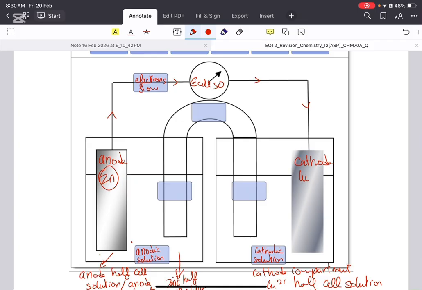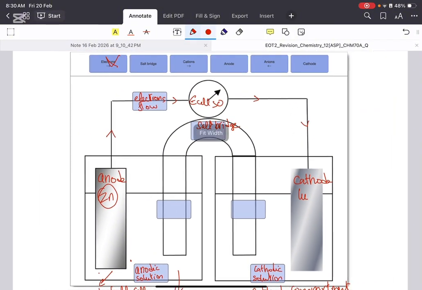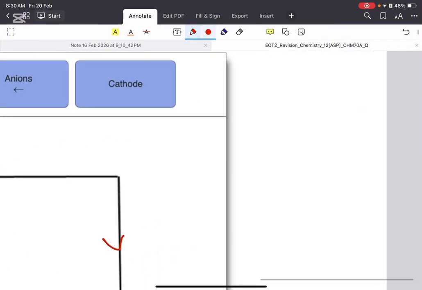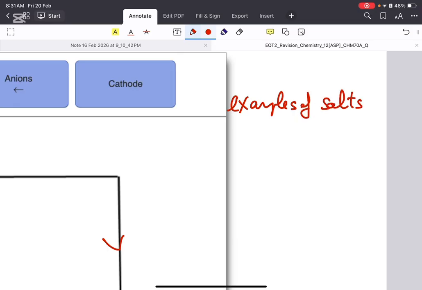Now, what else do I have on this figure? This is the salt bridge. Now, in the salt bridge, I have a flow of ions. Now, how does this flow go? Suppose you have a salt bridge. Let me just give you some examples of salts that come in the salt bridge.